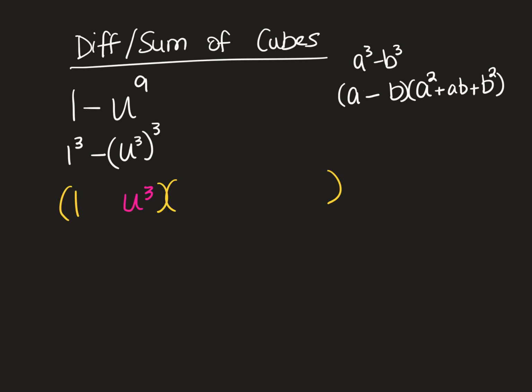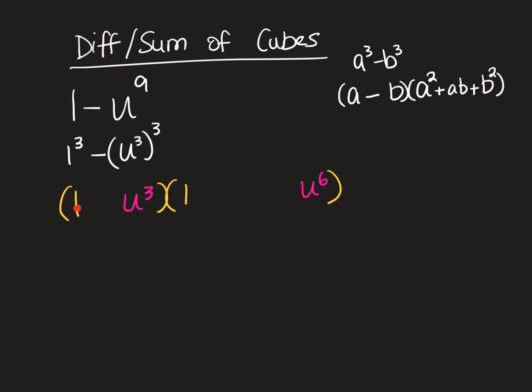After that, we take whatever we wrote here and we square it, and that's what goes here. So 1 squared is just 1. We take whatever we wrote here and square it, and that's what goes at the end of that trinomial. So u cubed squared, sounds crazy, is u to the 6th.